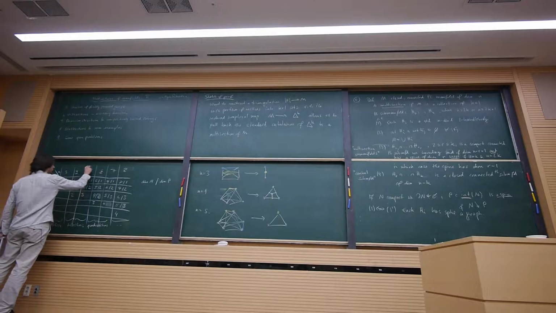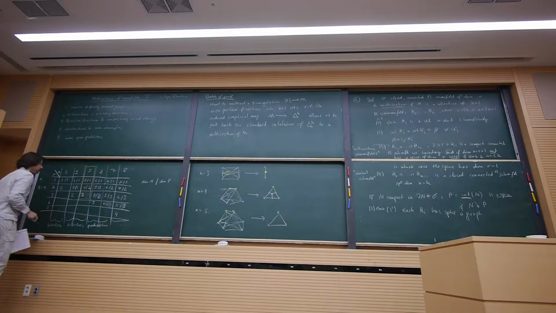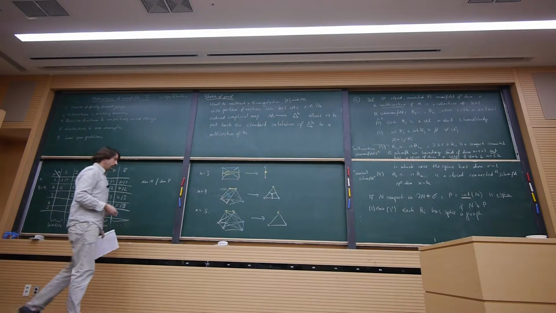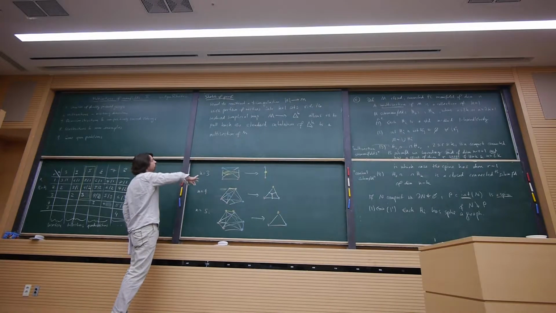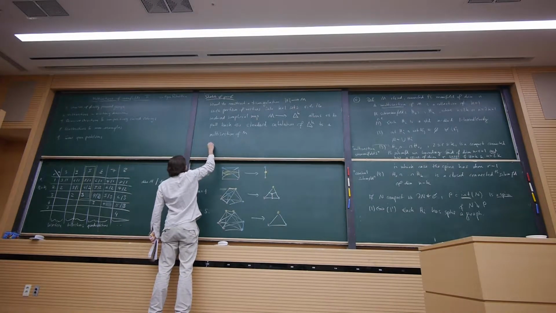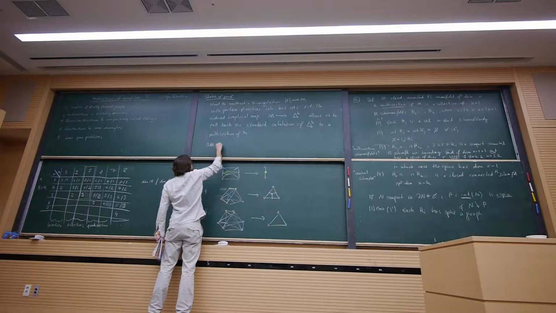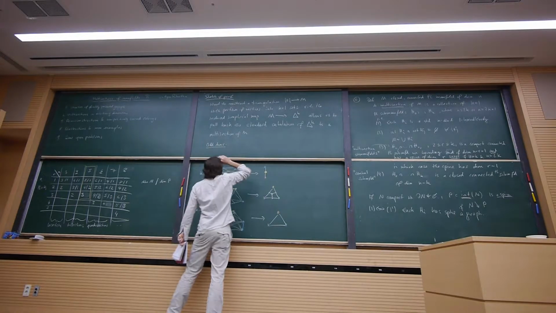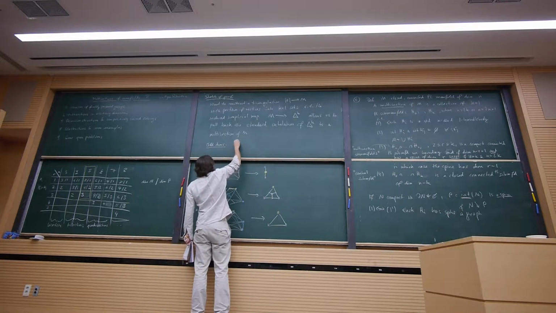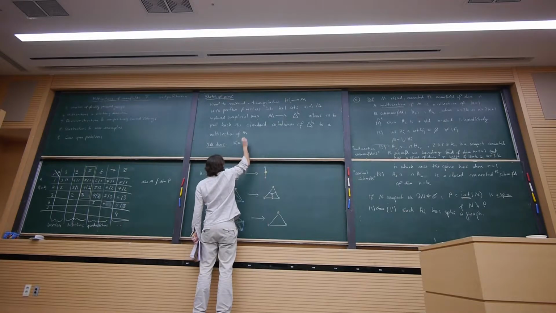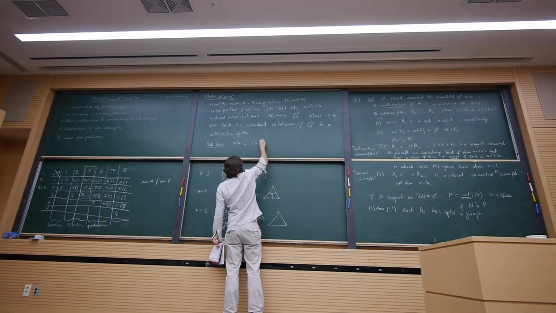If you think about the 5 simplex, I mean, so again, the triangulation to do here, in odd dimensions, just take K to be L prime, where L is any triangulation.